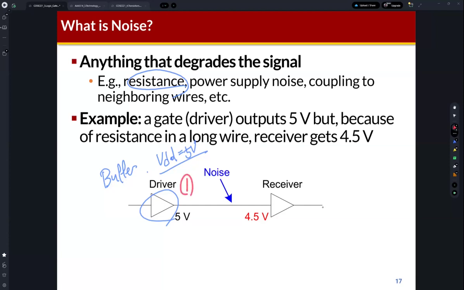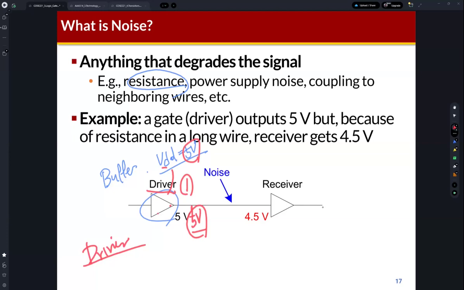What is the 1? 1 is the digital value 1, and it means 5 volt. So 5 volt is driven by this buffer. I said the word driven, which means that the 5 volt output signal is generated, and it is said that it's driven. That's why this is called the driver.